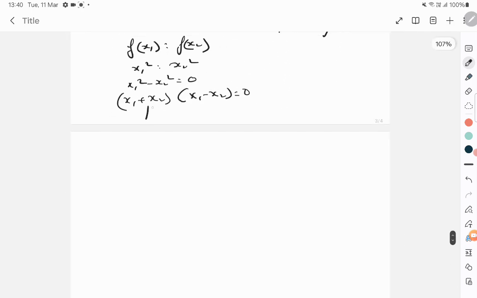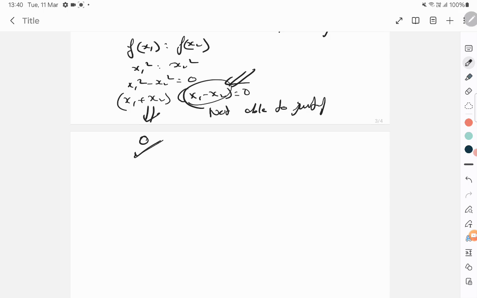An integer plus an integer can become 0. Therefore, I am not able to justify that this can become 0. Only if one becomes 0, one does not become 0, the other can become 0. But this itself can become 0. No? So I am not able to justify that this will be 0.